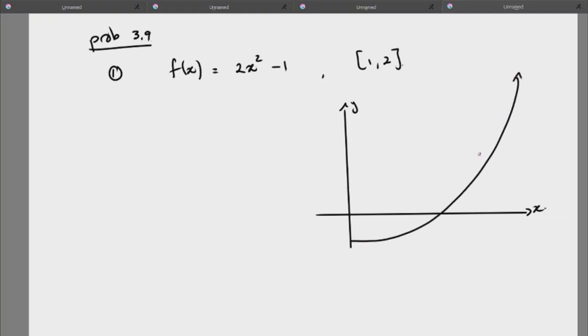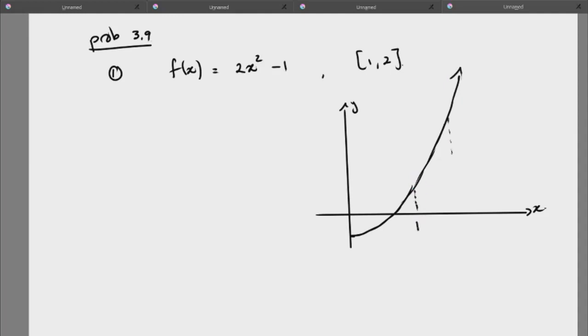What is the y value when x is 1? Yeah, they're all positive, isn't it? Too wide. My parabola isn't that wide. Let's make it. I'm just going to put it like this, maybe. And let's just say 1 is over here and 2 is over there. Might not really be to scale, but regardless, it's okay.